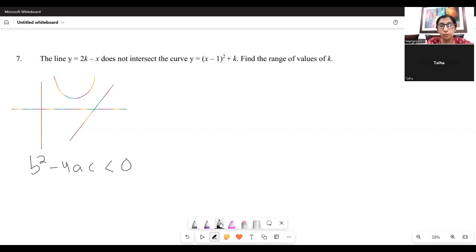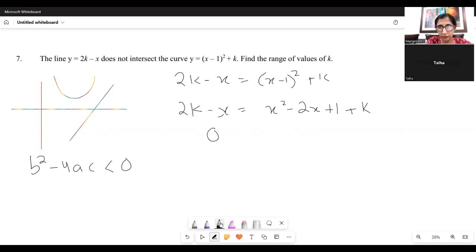Okay, so these are two sets of equations. So first they need to be merged into one. We have to solve them simultaneously. So I'm going to write 2k minus x equals x minus 1 whole square plus k. I equated both the y's. So we have 2k minus x equals a square minus 2ab plus b square plus k.